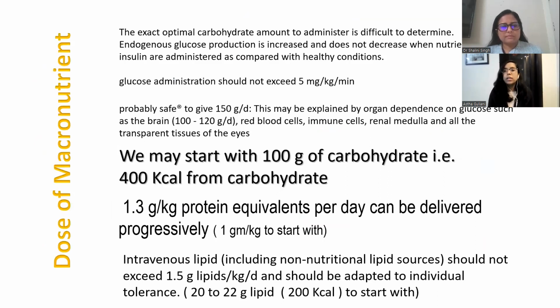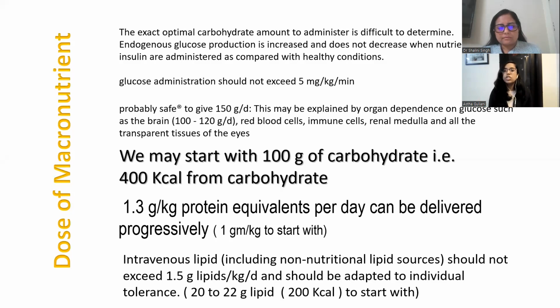We have to provide the patient with macronutrients, which can be in the form of carbohydrates, proteins, and lipids. The exact optimal carbohydrate amount is very difficult to determine because any critically ill patient has endogenous glucose production and at the same time also has insulin resistance. But we do know that glucose administration should never exceed 5 milligram per kg per minute.